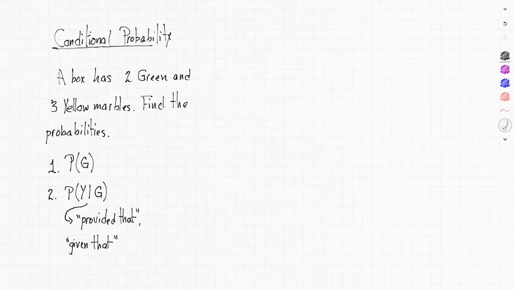You've already selected a G. What's the probability now of selecting a Y? And then the third probability that we're going to find today is the probability of selecting a green and a yellow. And that has to be in that order. So the order matters, in that order.